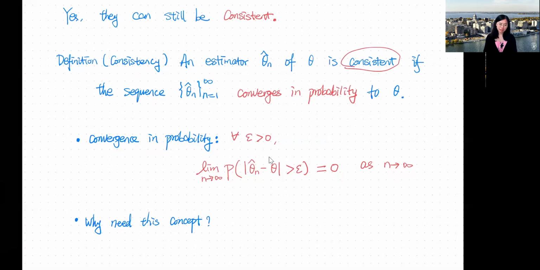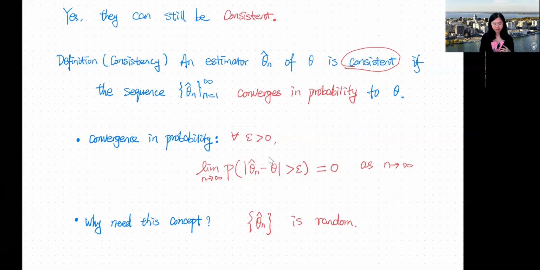The reason is that the sequence we're considering is random. Each estimator theta n hat is a random variable. Because it is random, the realization of the sequence depends on the state of the world.